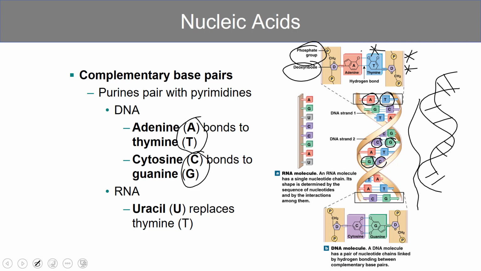So if you unwind the DNA molecule, it pretty much looks like a ladder, where the rungs of the ladder, right here, consist of the nitrogenous bases, and then the handrails consist of the sugar and the phosphate group.